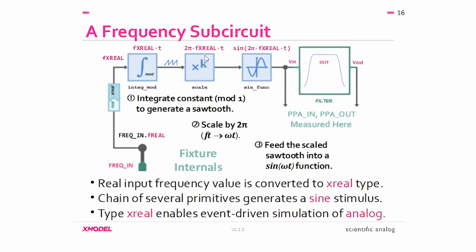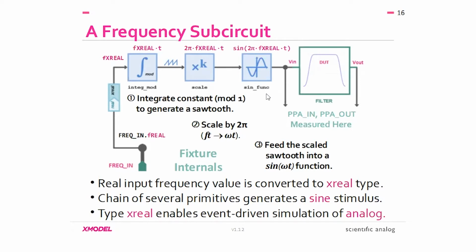We scale it, one of the simplest X model primitives, by the factor 2 pi. We've now got omega t, the exact argument we need to generate the desired sinusoid. We feed it into the sine func primitive, and that generates the sine omega t signal we need to apply to the DUT. By the way, this has two primitives.